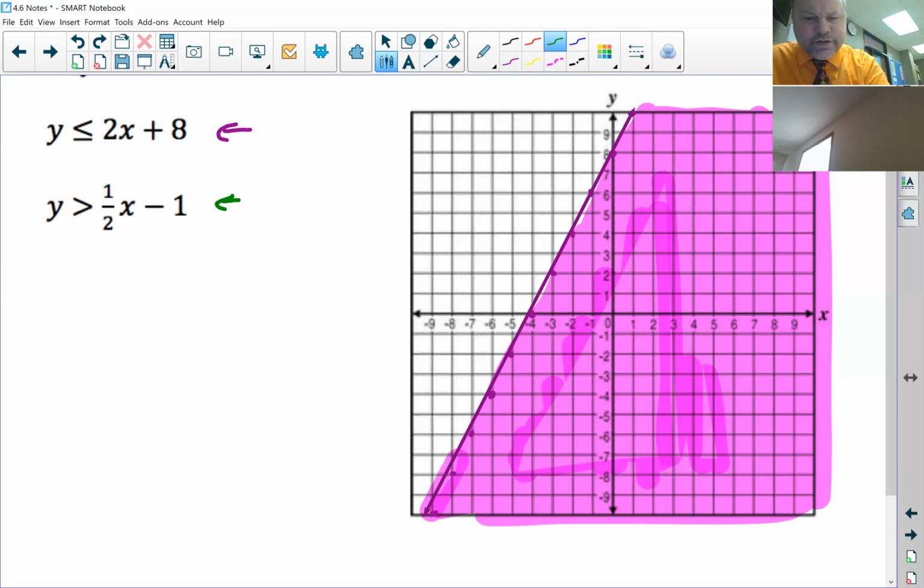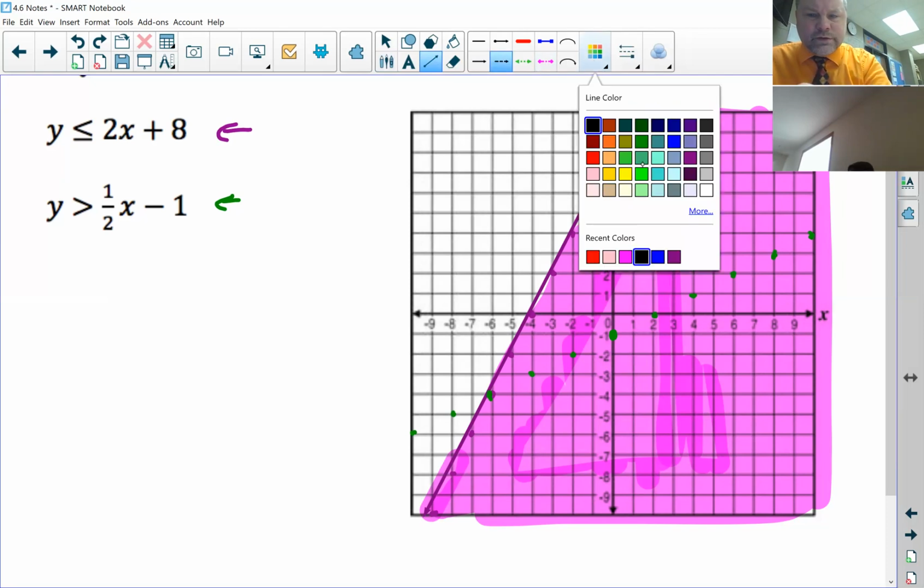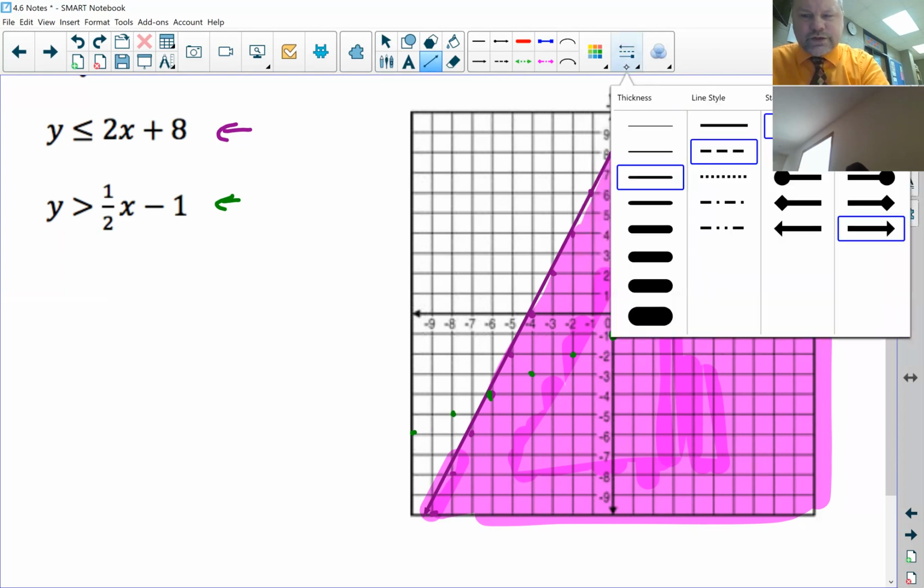Second one, y-intercept at -1, slope of 1/2, up 1/2. Because it is just greater than, we will draw it with a dashed line.